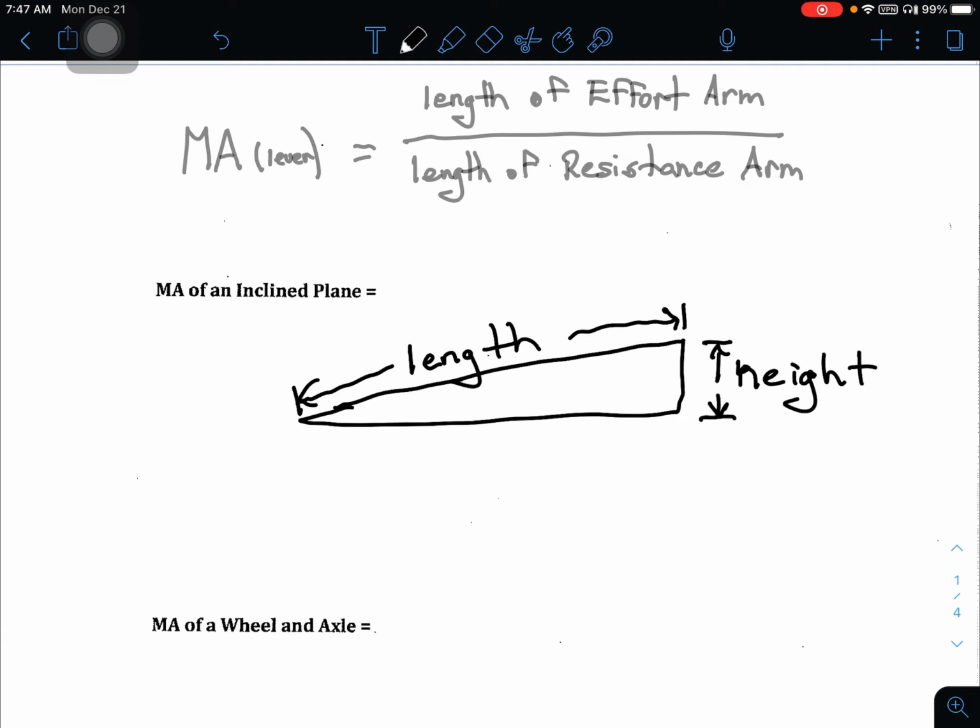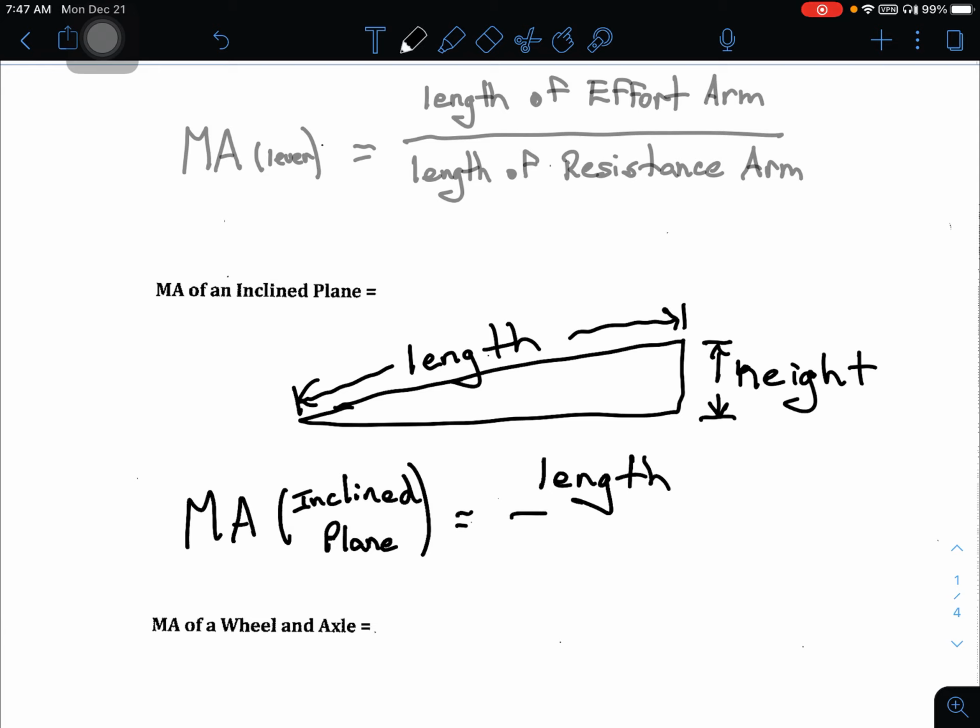So the mechanical advantage, MA, of an inclined plane is equal to the length divided by the height. Okay, pretty simple formula. All right, let's move on.